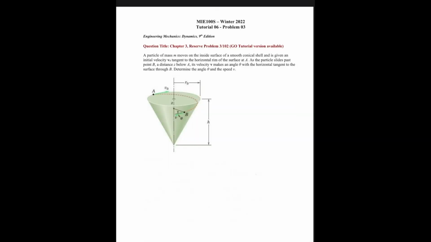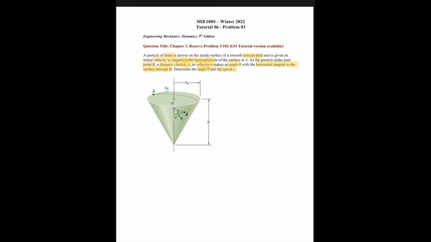Now for our last problem, we've got a particle of mass m that moves on the inside surface of a smooth conical shell and is given an initial velocity v0 tangent to the horizontal rim of the surface at A. So as the particle slides past point B, a distance z below A, its velocity v makes an angle theta with the horizontal tangent to the surface through B. So determine the angle theta and the speed v.